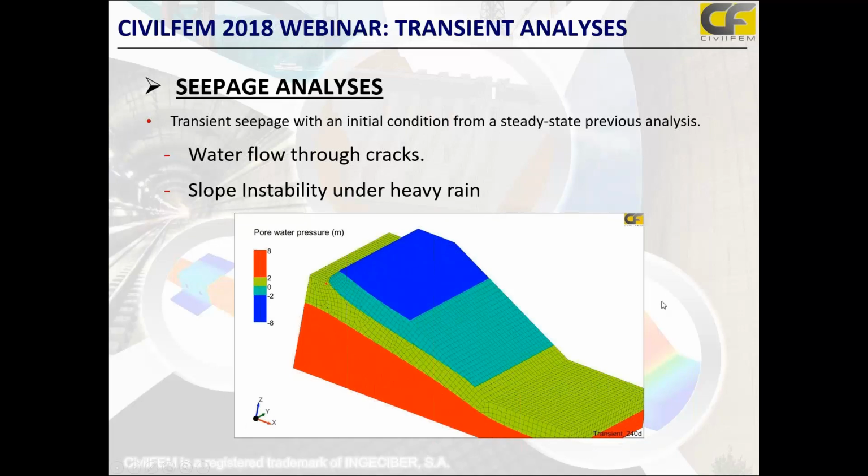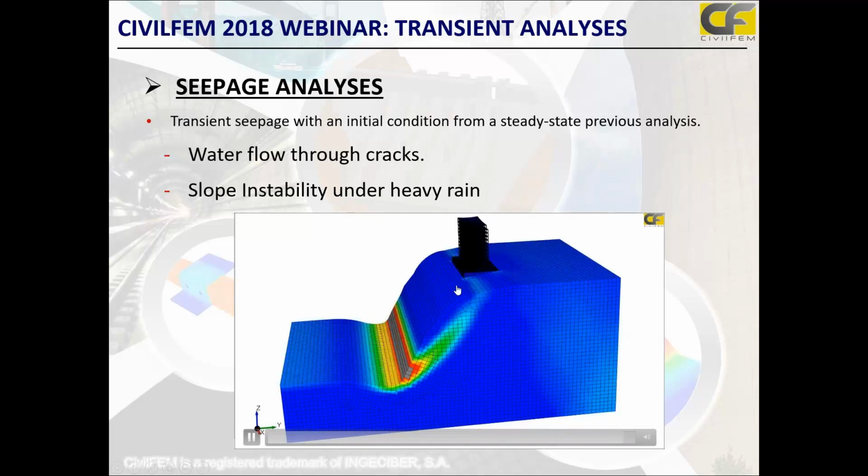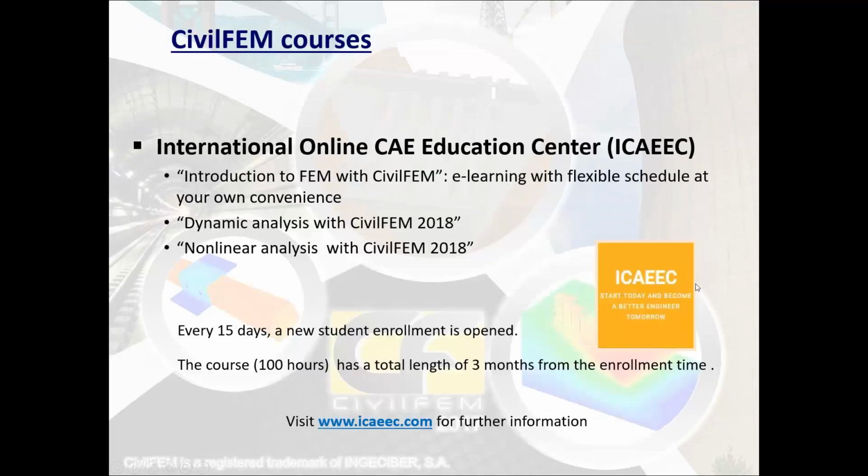And another example is the slope instability under heavy rain, which in this case, according to the strength reduction method and the nonlinearity of the material, we have studied the collapse of this slope, because I think we set Mohr-Coulomb as material model in this example.